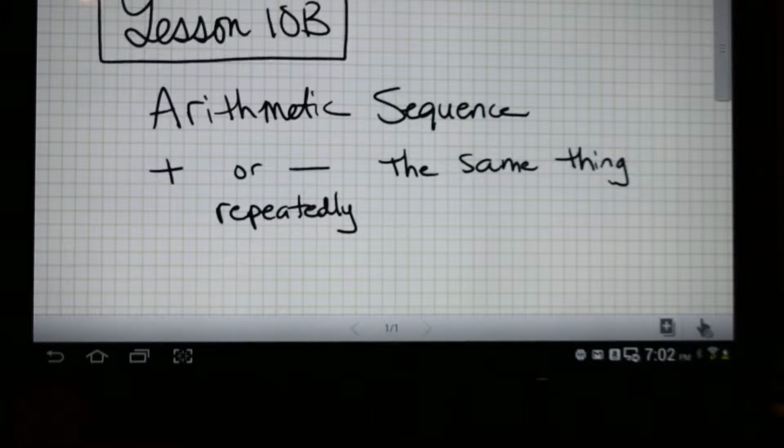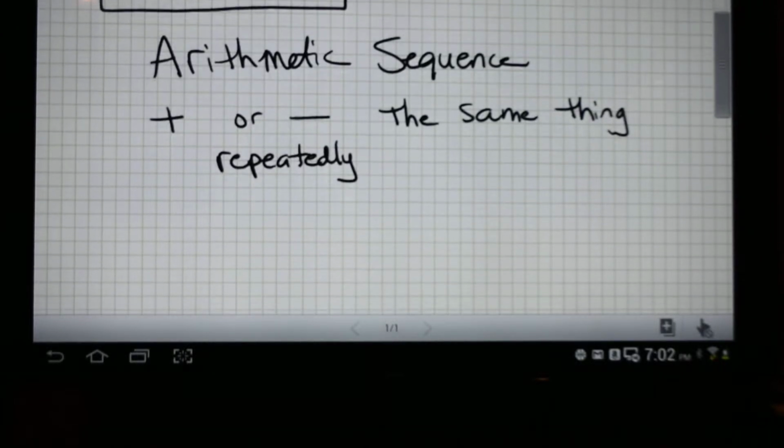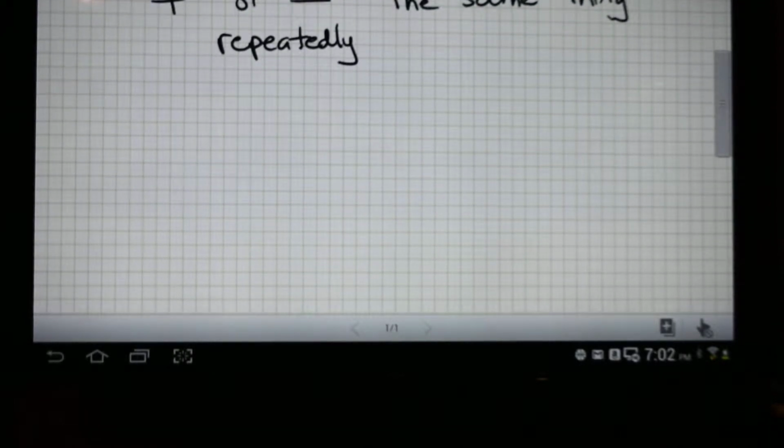Adding or subtracting the same thing repeatedly, over and over again. So they give some examples in your book. The first example, you're adding 4 each time. The second example, you are subtracting 5 each time, I think. Yeah, looks like 5 each time. By the way, what you're adding and subtracting is the common difference. It's called D.